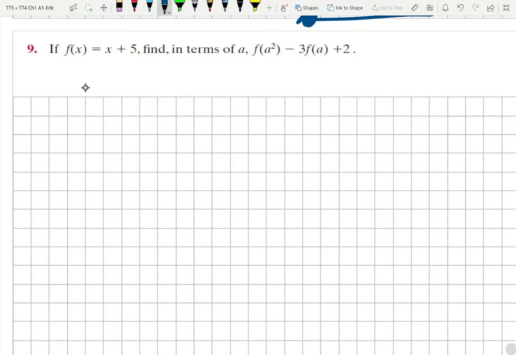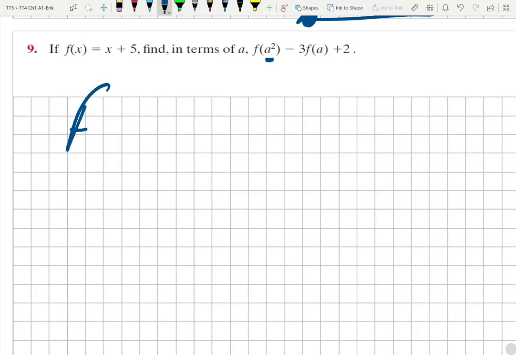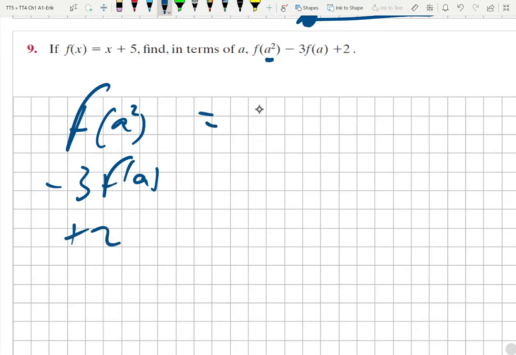So we're putting a squared in instead of x. Get a squared plus 5. Apologies. Let's do it this way. f of a squared minus 3f of a plus 2. Let's lay ourselves out this way. Okay, so you get a squared plus 5. Take 3.